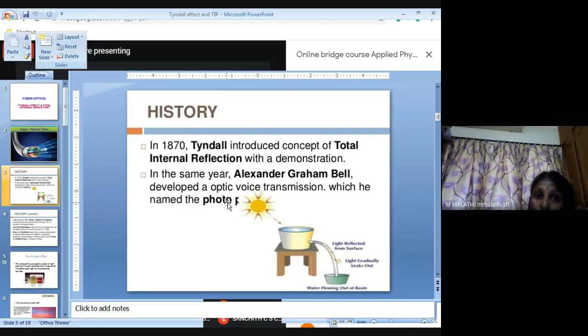Through the pipe, a steel pipe or a rubber tube, any pipe made up of any material is the pathway or channel through which the water is transmitted from the tank to the receiving end, maybe a garden or a domestic use, any purpose.